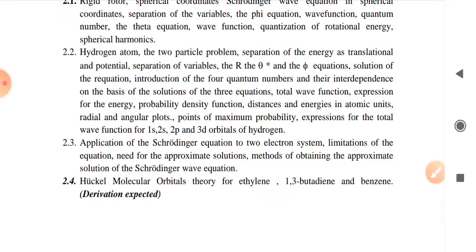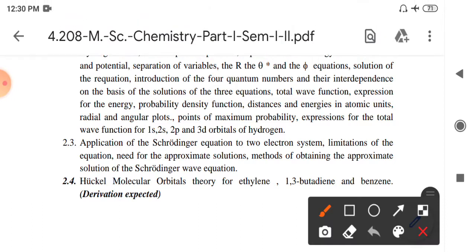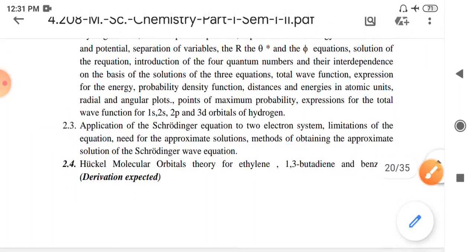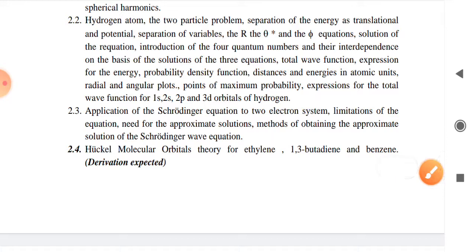When we derive those equations, we can see how the plots are obtained for the 1s, 2s, 3s orbitals. In the previous semester we plotted various wave functions. Likewise in this semester we have a non-instrumental practical based upon the shape of the 1s, 2s or 3s orbitals.